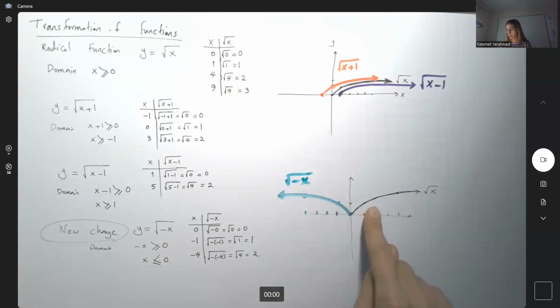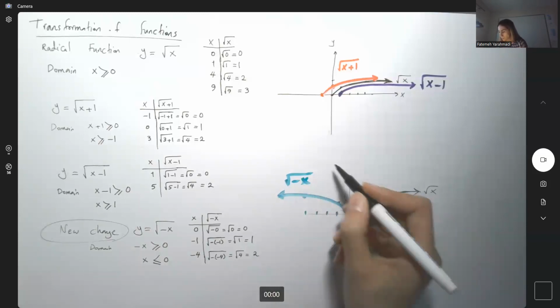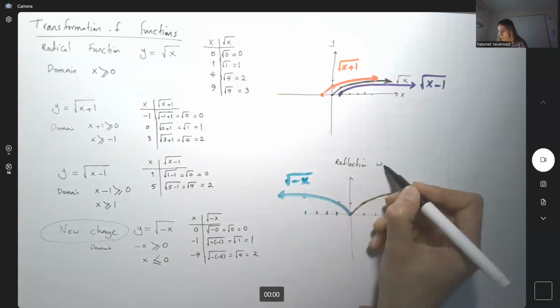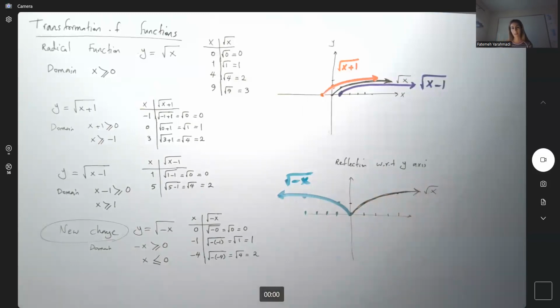So I have square root of x on one side, and now I have a reflection with respect to the y-axis. So if I multiply my x by a negative sign, I get a reflection with respect to the y-axis.